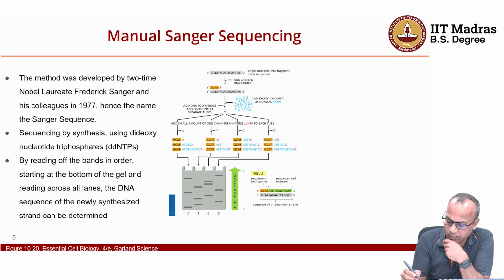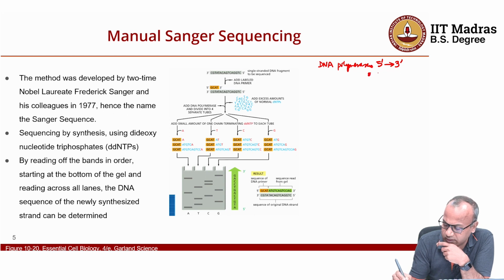So, just to recap, DNA polymerase moves in the 3' to 5' direction and requires a 3' hydroxyl group to add a new nucleotide, right.